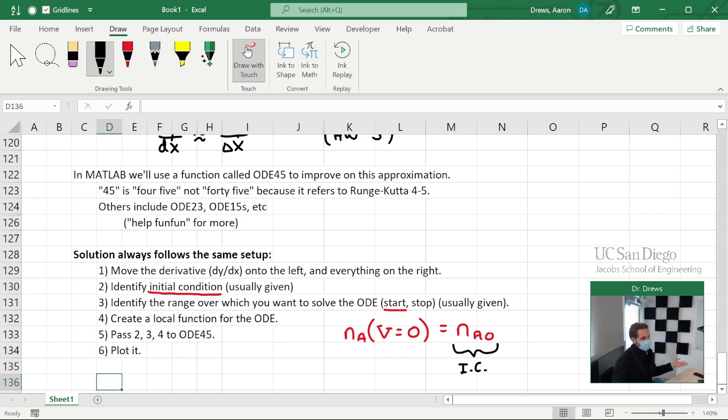That whole statement is really the initial condition, but when you're coding it, we typically just think about the right-hand side as the initial condition, but the start refers to this. So the initial condition occurs at the beginning value of V. You wouldn't say the initial condition is at V equal to 0, and then start your integration at like 6 or something like that, right? You would start your integration at 0.